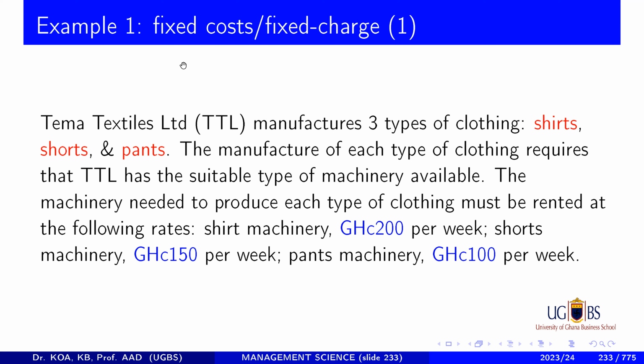The machinery needed to produce each type of clothing must be rented at the following rates: shirt machinery, 200 Ghana cedis per week; shorts machinery, 150 Ghana cedis per week; pants machinery, 100 Ghana cedis per week.